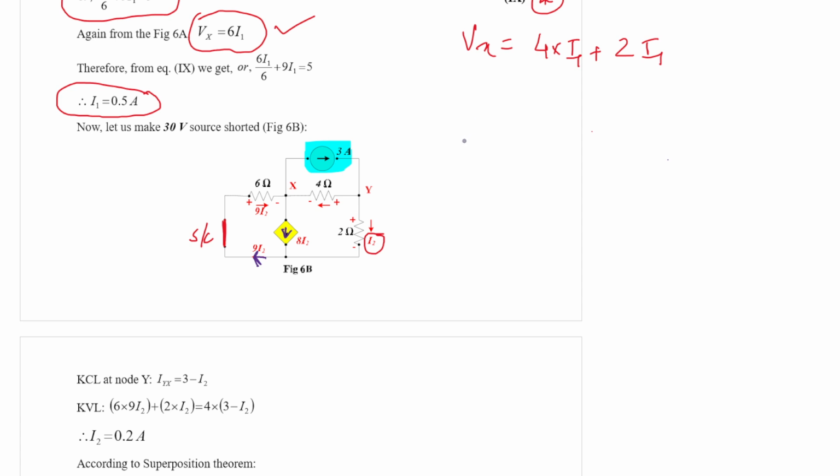Let us assume the current through the 2 ohm resistance is I2.